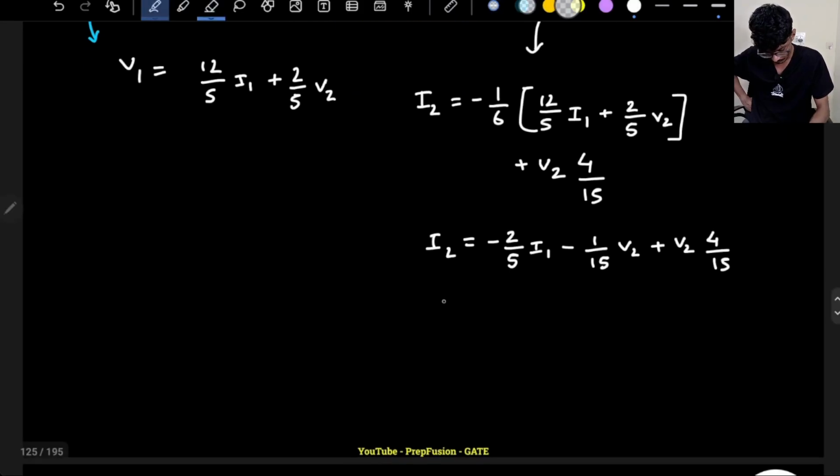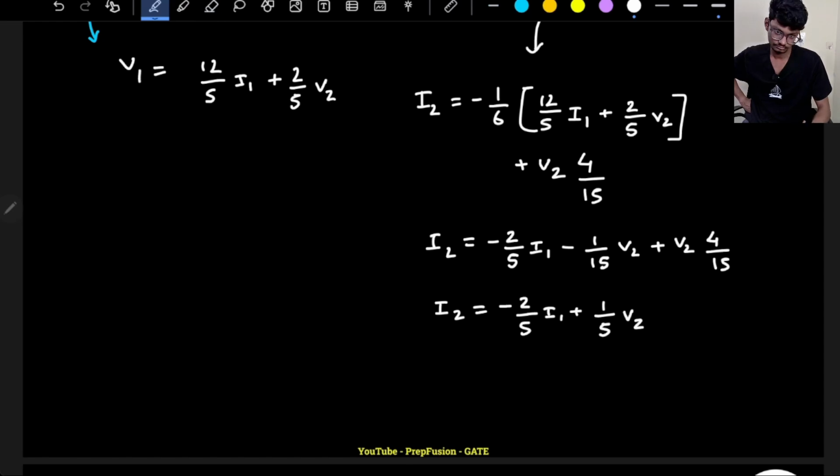So I2 will be equal to minus 2 by 5 I1, and this is minus 3 by 15, so sorry, plus 3 by 15, so this will be 1 by 5 V2. Okay, this will be plus 1 by 5 V2.